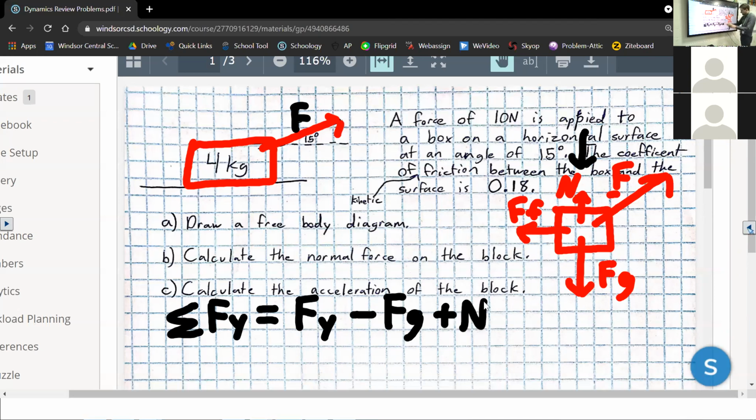So that's adding positively all the ones that are going up and subtracting all the forces that are going down, which is just gravity. Now, this should be equal to ma, but what is the acceleration of this block in the y direction?